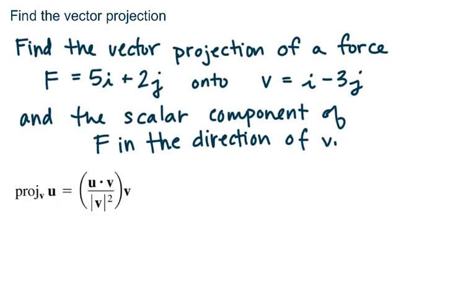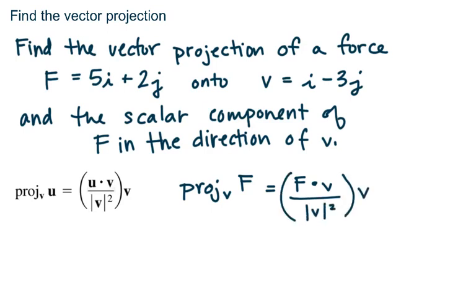The projection of U onto V is U dot V divided by the magnitude of V squared times V. So in this case, we're dealing with F and V. This would be the projection of F onto V. That would be F dot V divided by the magnitude of V squared, then times V.